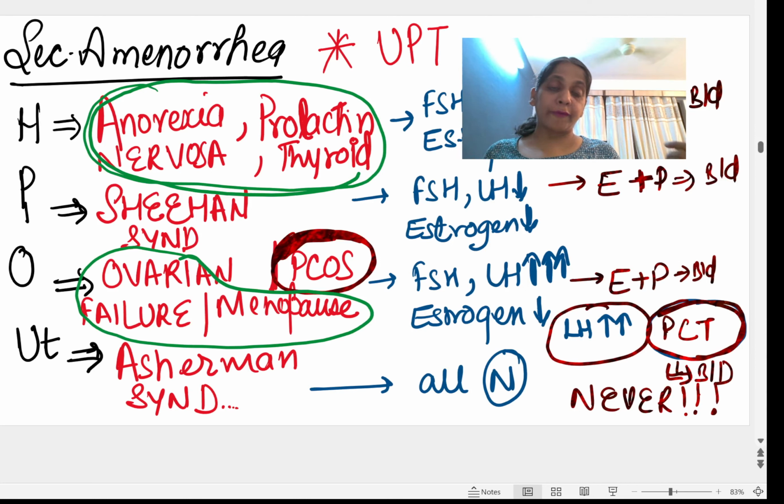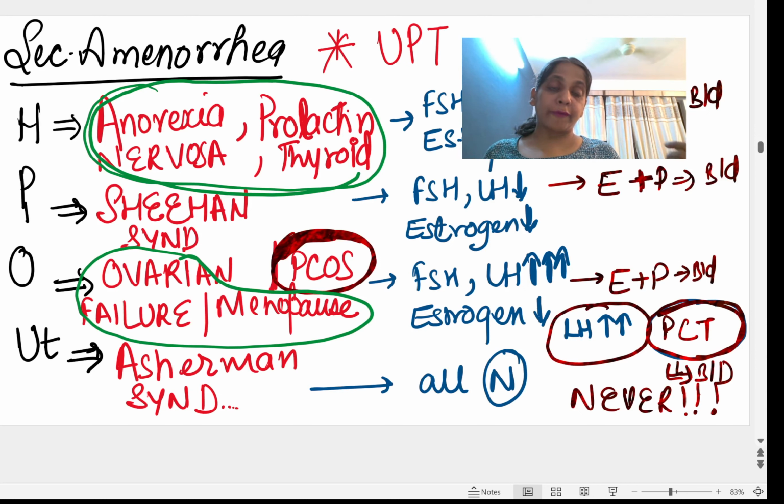One sustained release preparation is the injection depot medroxyprogesterone acetate. It is given once in 3 months. Another is the implant Implanon. Here the progesterone is etonogestrel, and this is the implant, a single rod that we implant subdermally in the left arm.